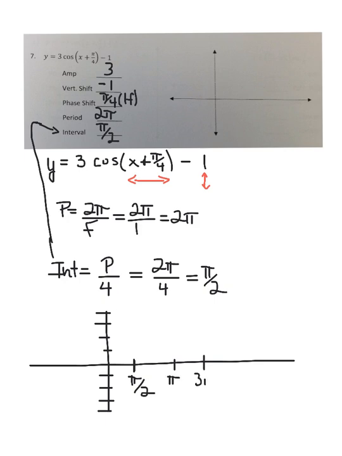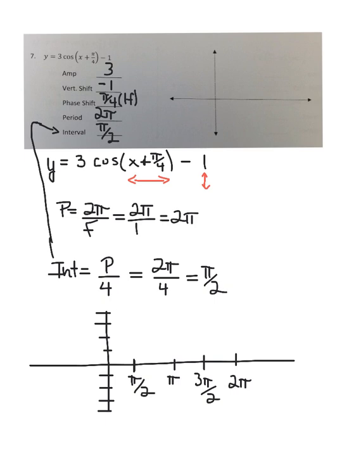And then 3 pi over 2, and then 2 pi. And like I said, this will not always be the case because your interval is not always going to be pi over 2, but we'll talk about that a little bit more tomorrow in class, or a lot more in class.